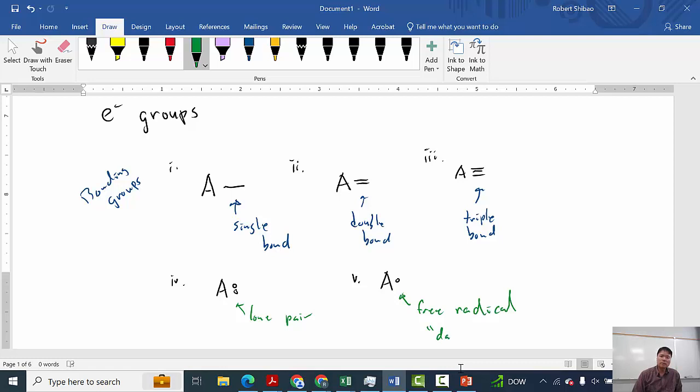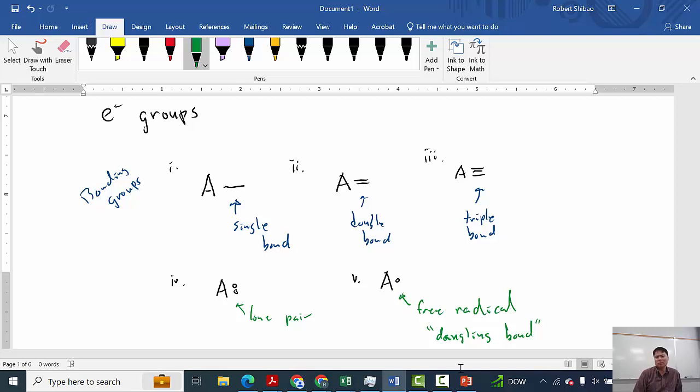A single atom like this is called a free radical. Free radicals are also called dangling bonds. It's like a broken bond that's just dangling there. These are rarer because they're more reactive, and they'll want to react with something.